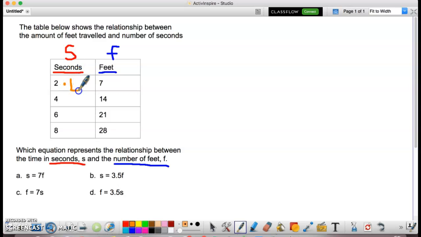So we're going to start with the first ratio. 2 times what equals 7. So I'm going to have some work to do because I don't know off the top of my head 2 times what equals 7. But I do know that I can use the opposite operation.